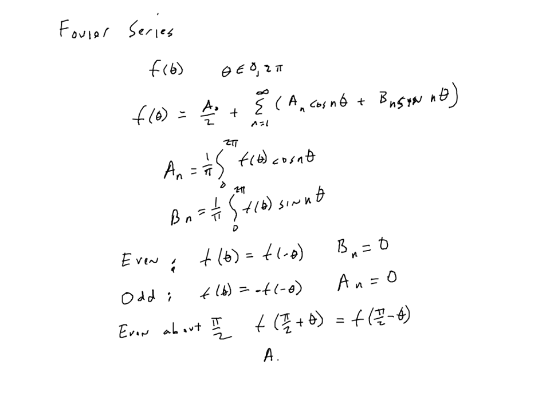And so you're going to have a sub 2n plus 1 equals 0, and you've got b sub n equals 0. So you have only cosine values with even n.